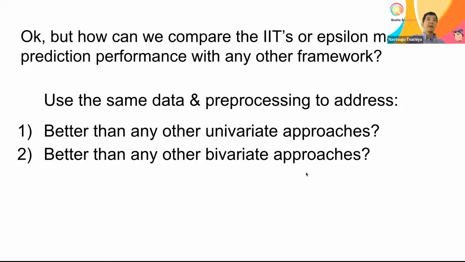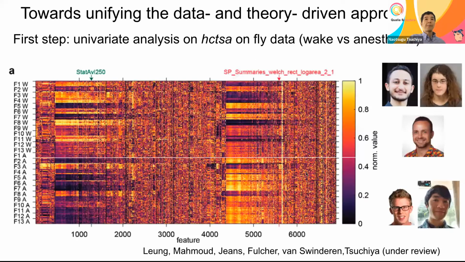HCTSA is always univariate, and integrated information is always multivariate. So one possible thing we can do is to register the prediction from the univariate or bivariate IIT based on the preliminary data, and make a prediction on unseen future data.